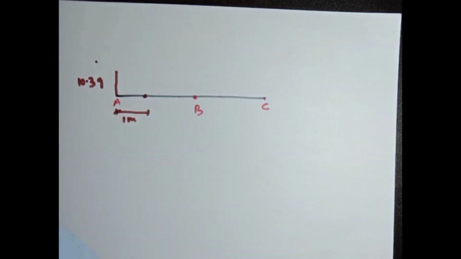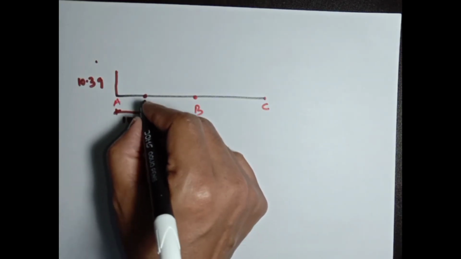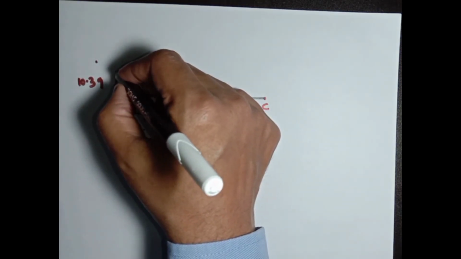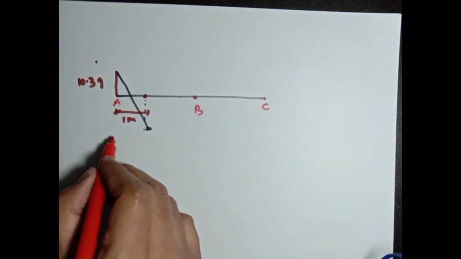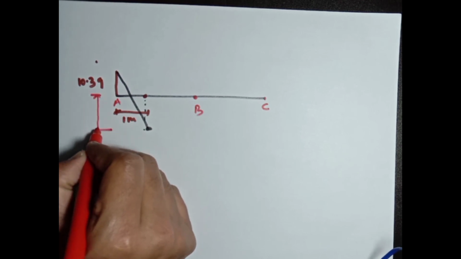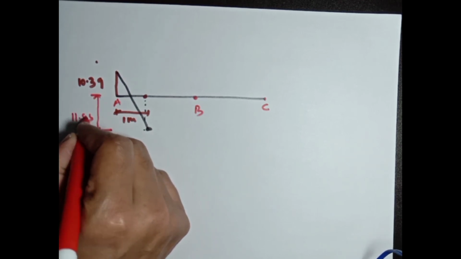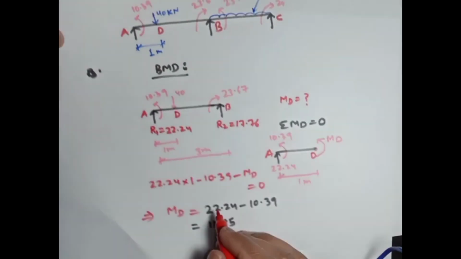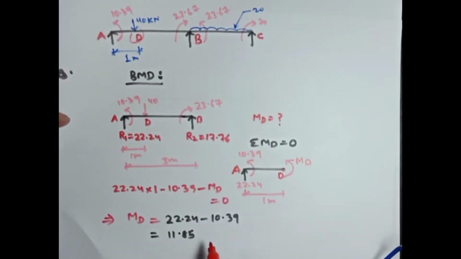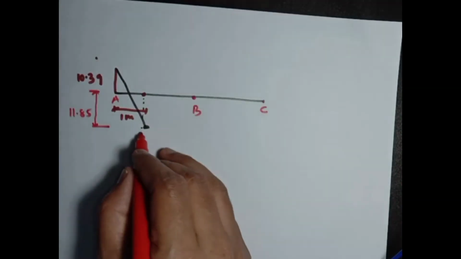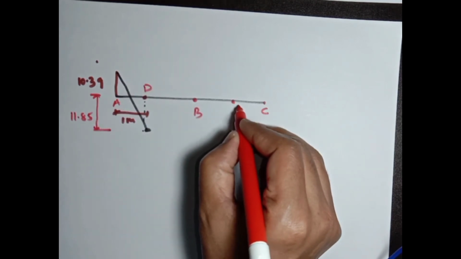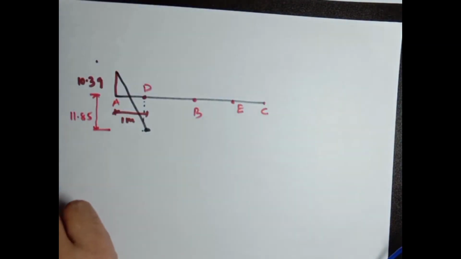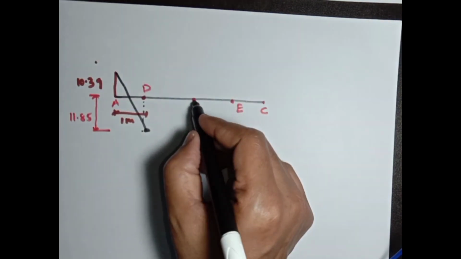At 1 meter there is a moment value, in this direction, of 11.85. This is the MD which we have calculated at point D. This point is D, and we have taken another point, that is point E. Now it will be at point B.